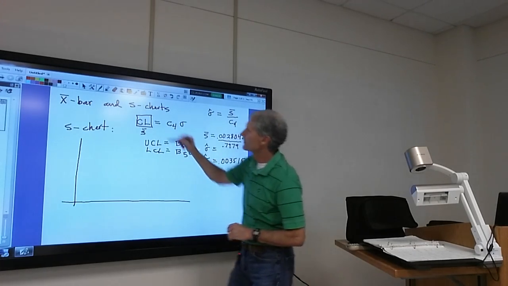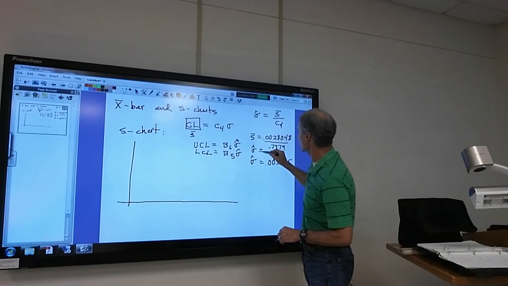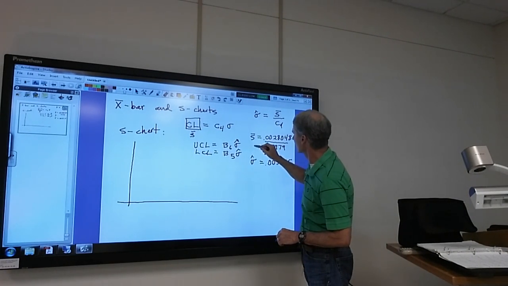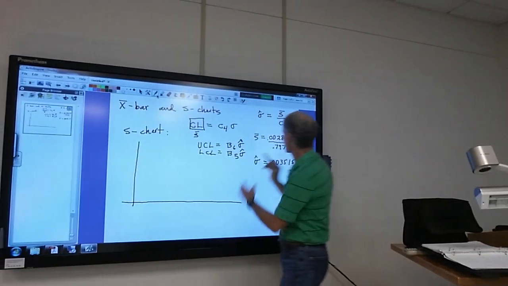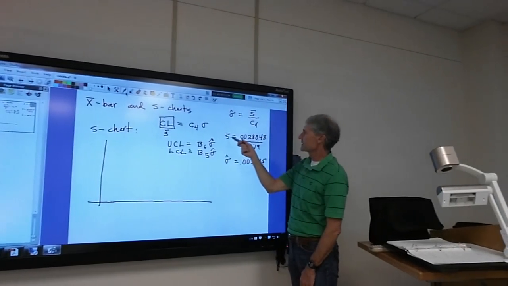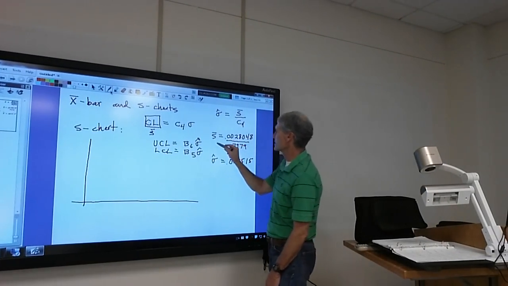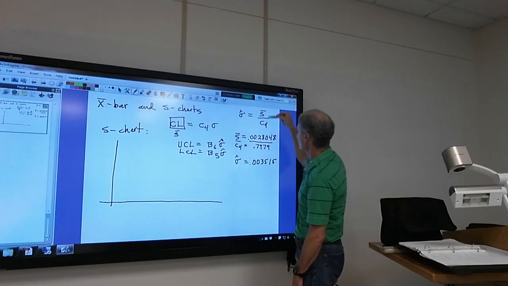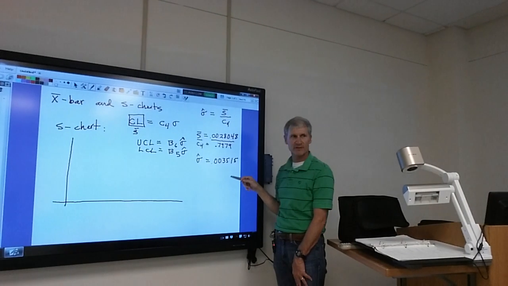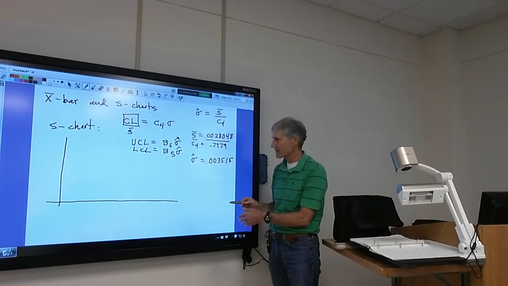Okay? So I need to erase a little bit here to clean up. My notation is bad here because I was kind of crunched, but I said S bar is this, and then this is C4 on the bottom. So when you divide the two, you get this number. Everybody following me? Okay?